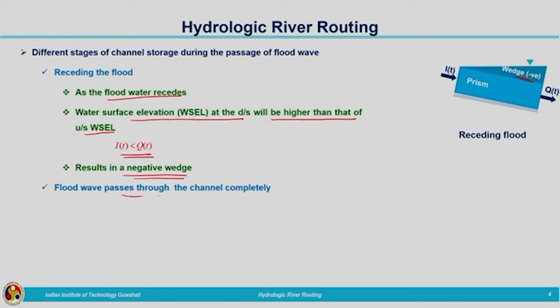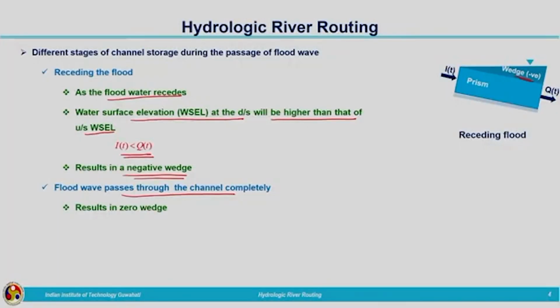As the flood wave passes through the channel completely, what will be the situation? The flood wave started at a particular point at a particular time. It has travelled all throughout the channel reach and it has completely passed through the channel reach. Then what will happen? The water surface elevation in the channel will be coming back to the earlier state.